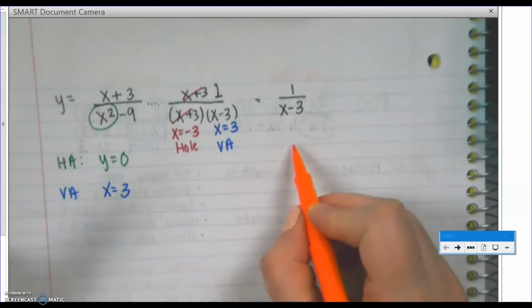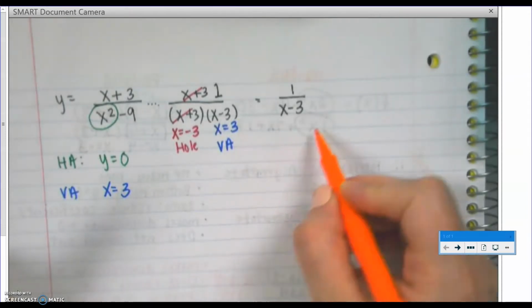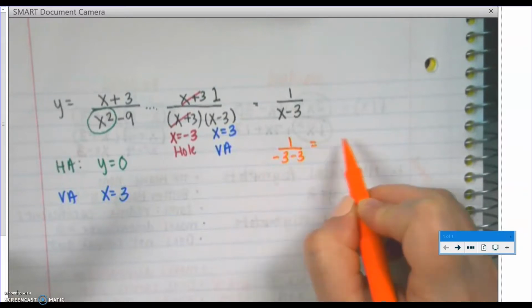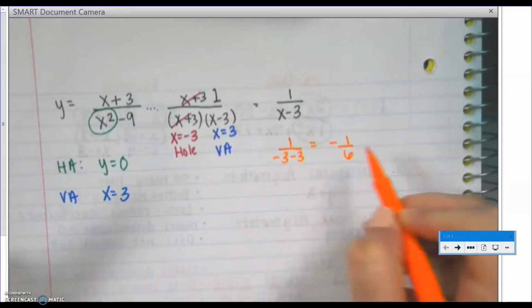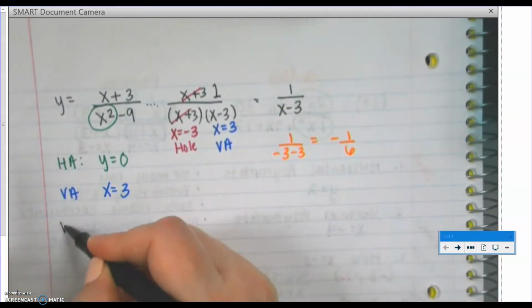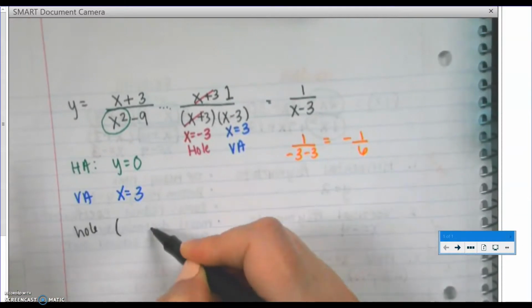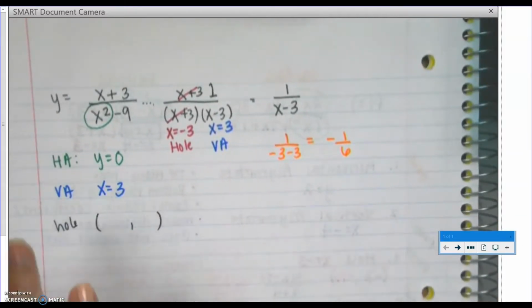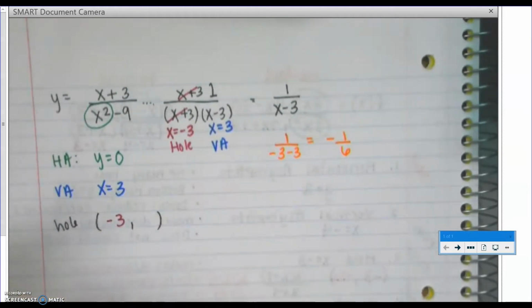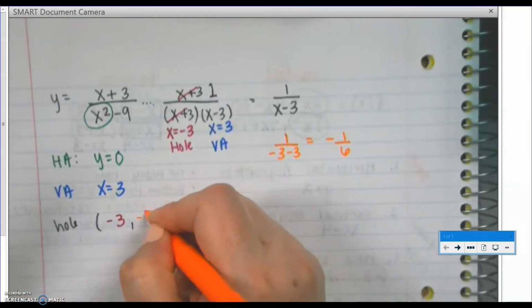So I'm going to plug -3 into that. So -3 minus 3 is -6. So my hole is at the point (-3, -1/6).